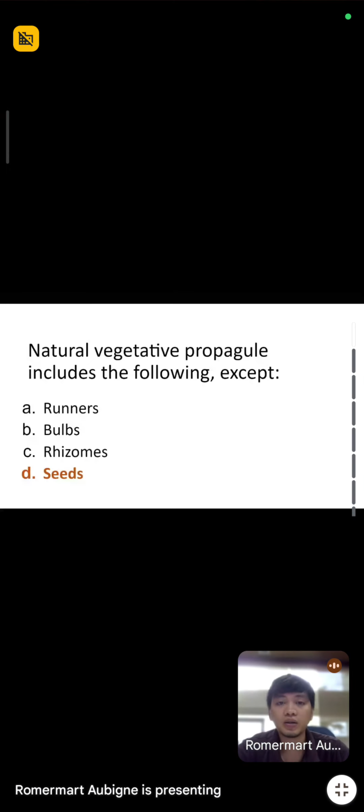Vegetative propagules are structures or parts of the plant that are capable of growing into a new plant without the need for fertilization or sexual reproduction. Example nga po nito, yung vegetative propagules include the bulbs, corms, rhizomes, and tubers.